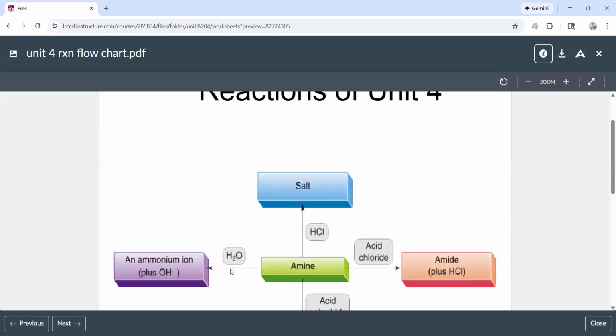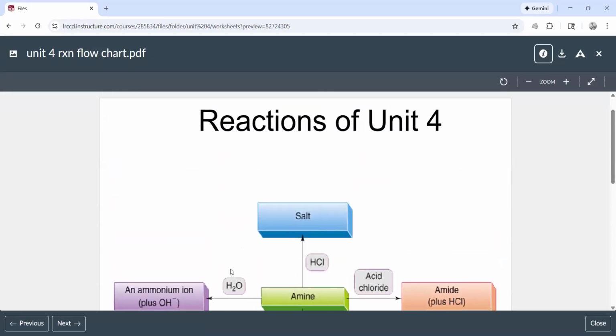Now this loads, it wouldn't load before. Anyway, here's the flow chart for the reactions.